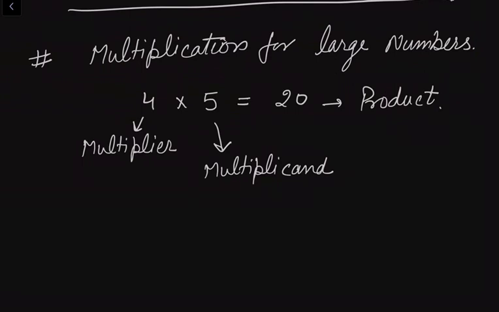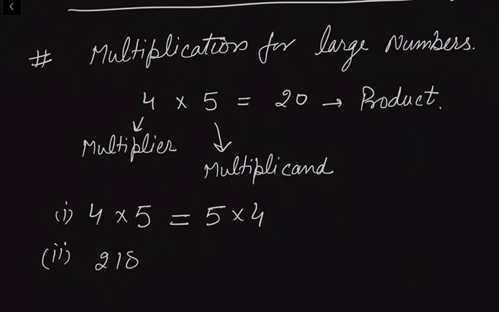Some other basic rules: 4 into 5 is always equal to 5 into 4. Another, 218 multiplied by 1 is equal to 1 times 218.